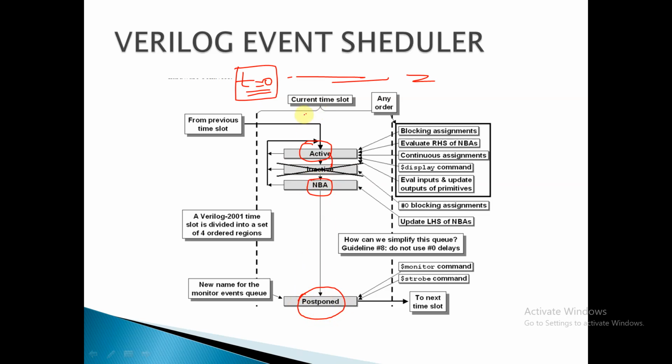After completing all the events in time t equal to 0, only then does it move to the next time unit, which in our example is time t equal to 5. In t equal to 5, again we have these four events: active, inactive, NBA and postpone. So for every time slot we have declared in our code, we have these events.